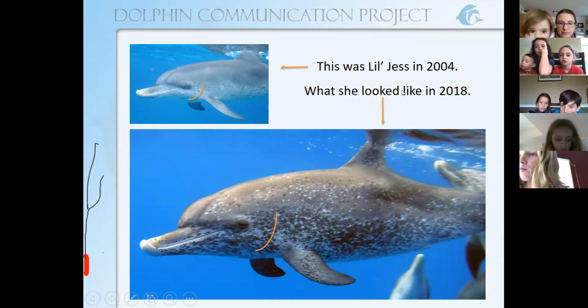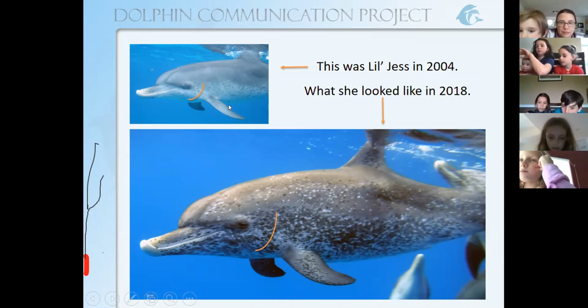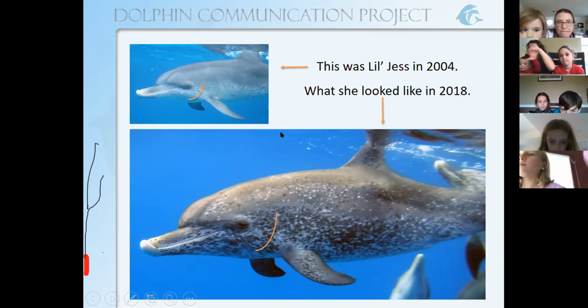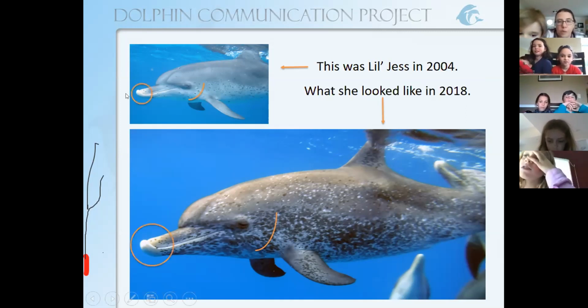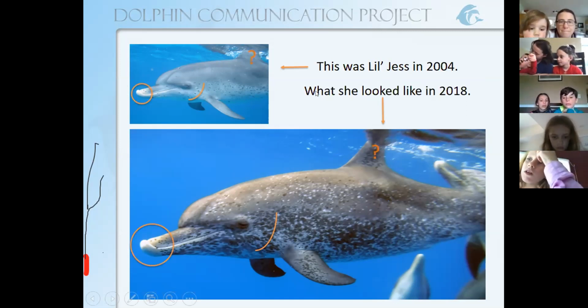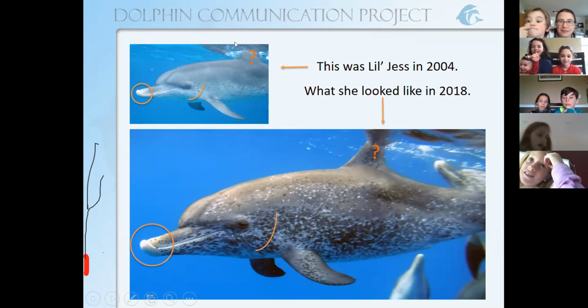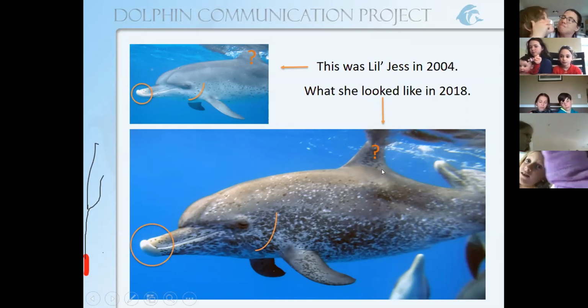But if we had gone all these years without seeing her, we wouldn't be able to match her ID just from those spots because we wouldn't be able to find them. But thankfully, we saw her every year in between these pictures, so we knew for sure it was her. And she still has that underbite. And then coincidentally, neither picture shows her dorsal fin. So we can't use her dorsal fin quite so well to recognize her.